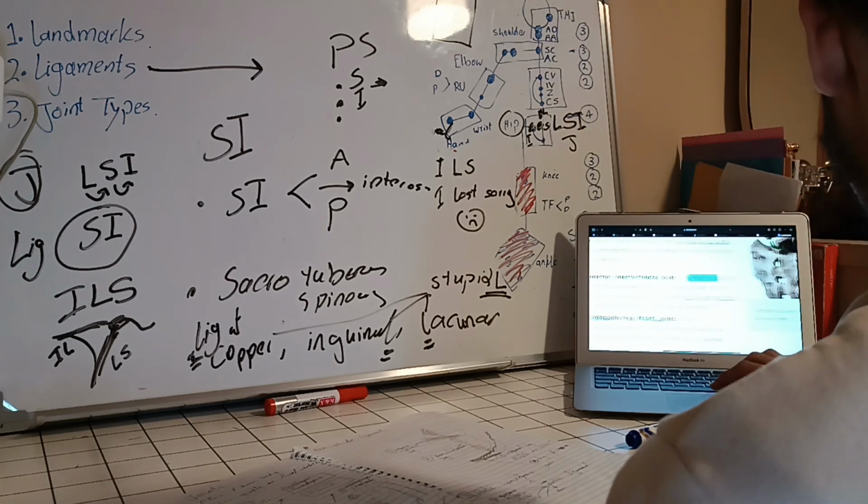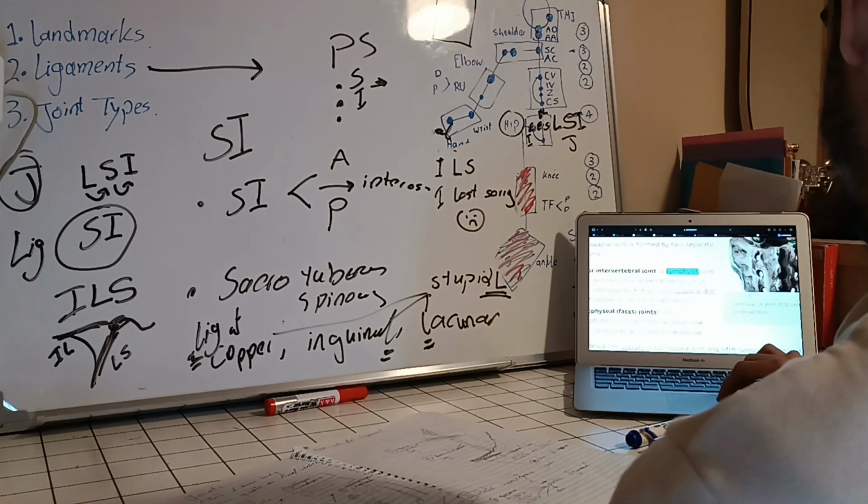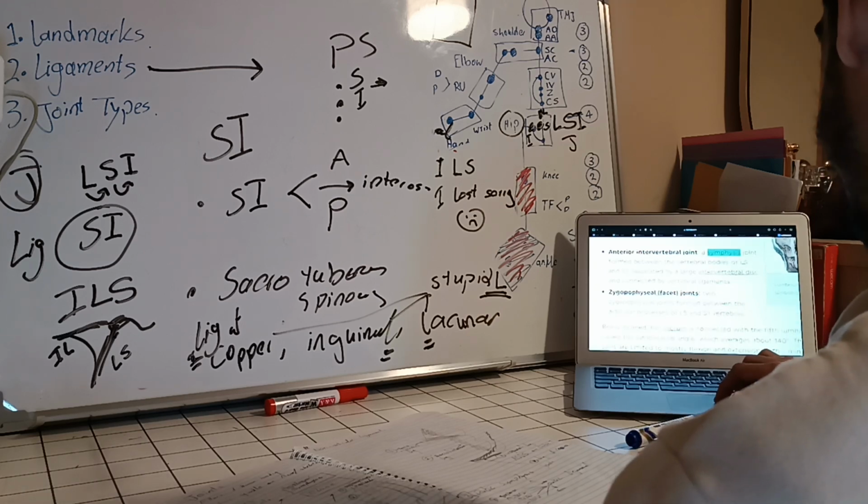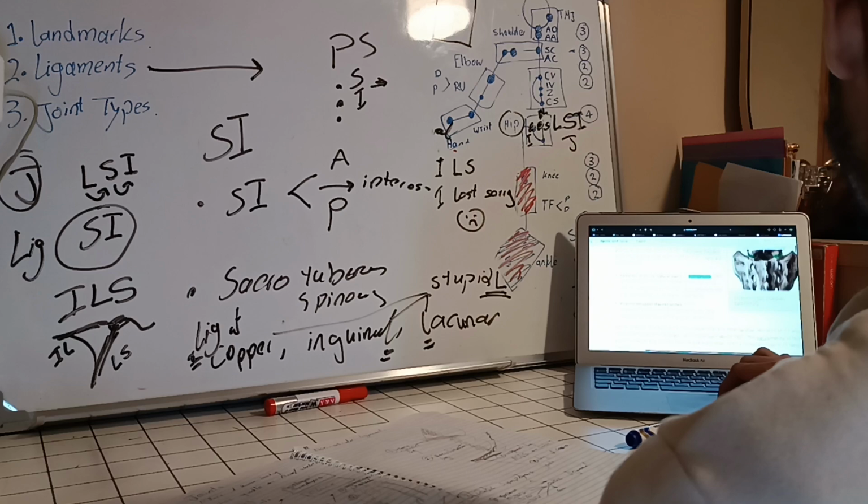But the zygapophyseal joint is formed between the articular processes of the L5 vertebra.